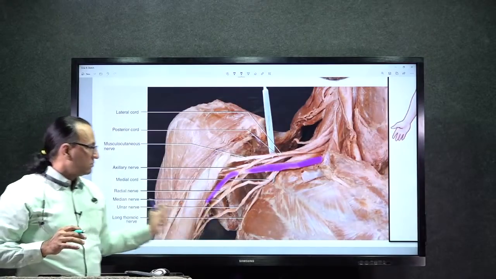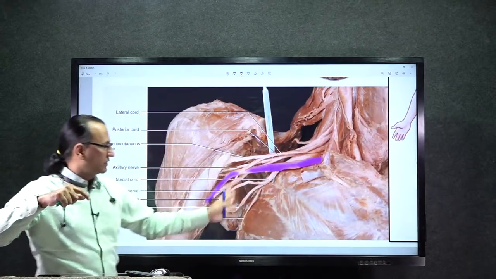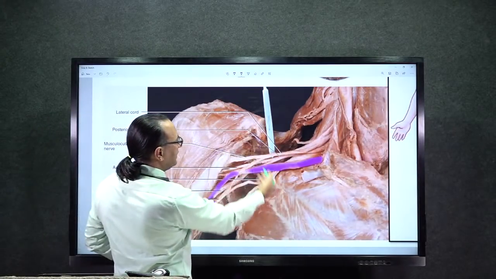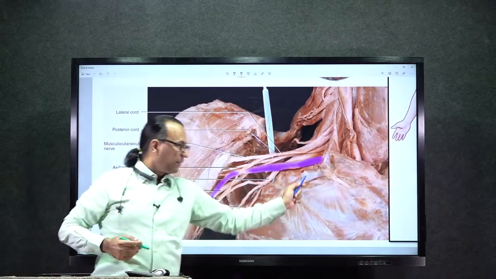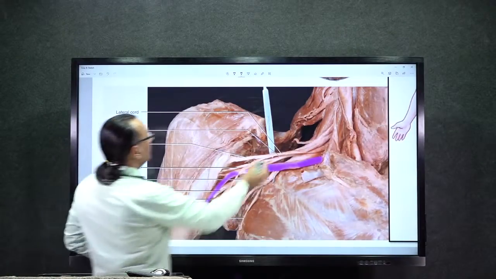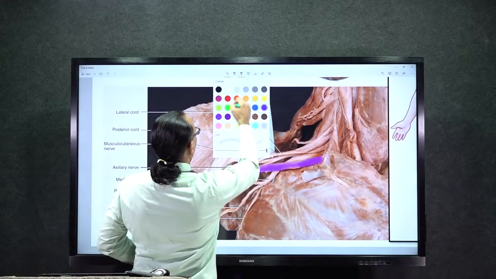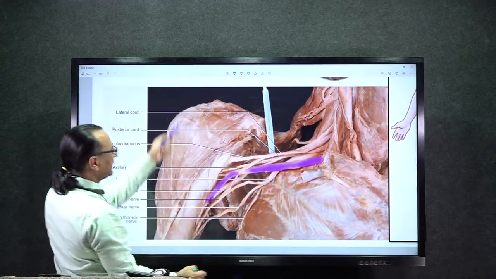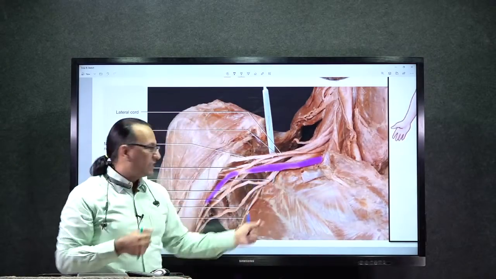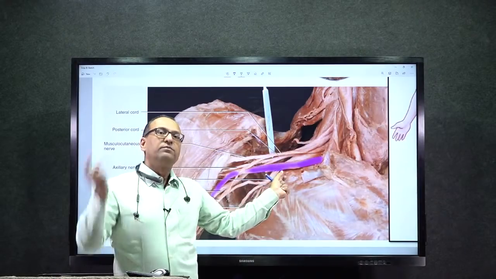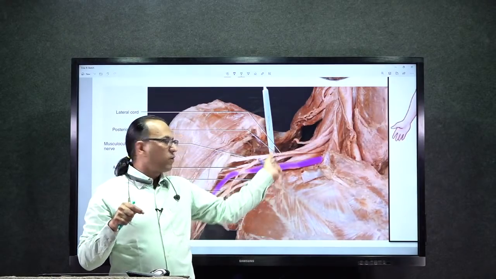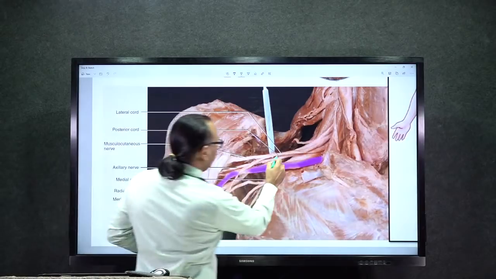Let me show you how to identify various cords of the brachial plexus in the axilla in relation to this artery, which we have shown, the subclavian artery becoming the axillary artery. What we have done is we have pulled this artery slightly so that we can see the posterior cord, which is posterior to this artery. Let me start from there only.